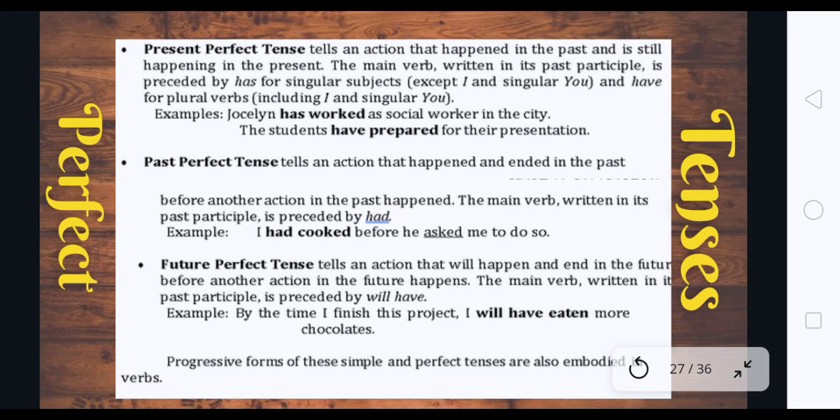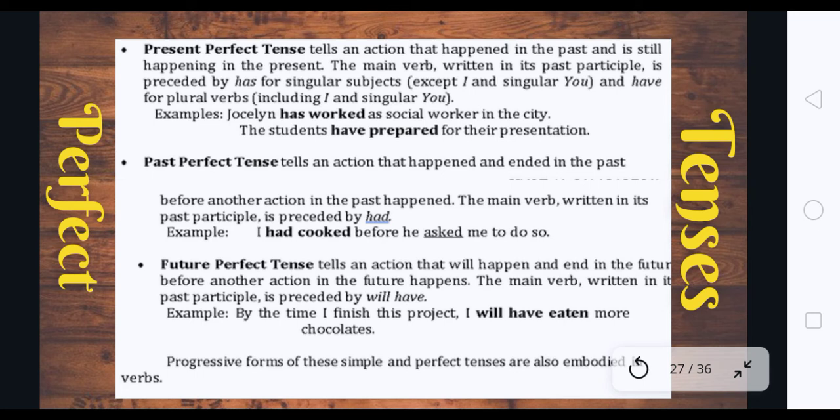There is also the phrase before he asked. That is the event or action that ended in the past. The future perfect tense tells an action that will happen and end in the future before another action in the future happens.